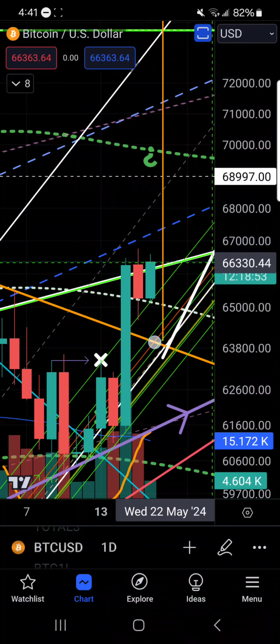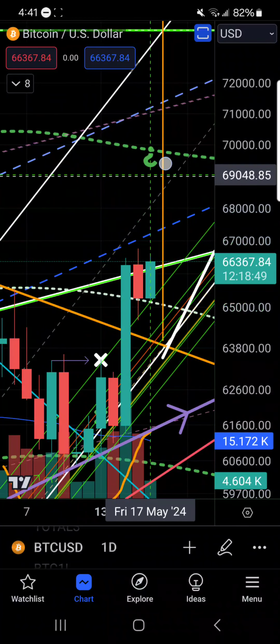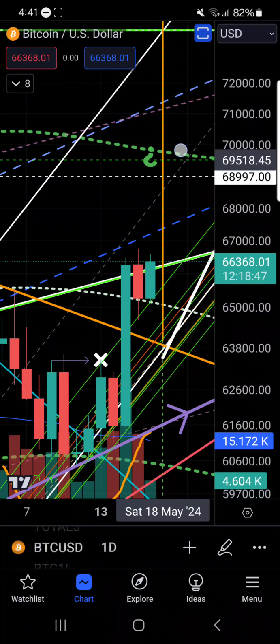When we find support on the mean band, then we will move back up to the top, probably.